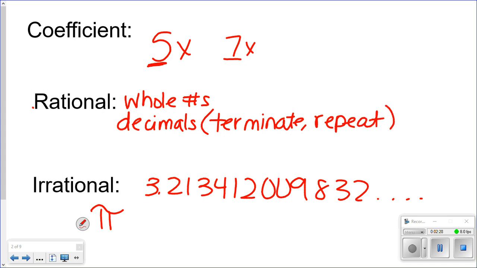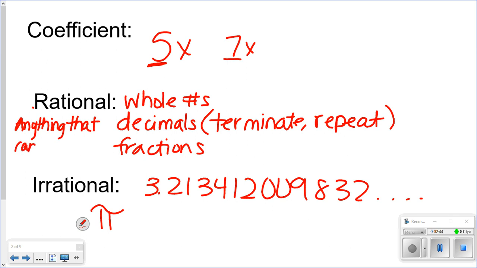And fractions. Really, the definition of a rational number is anything that can be turned into a fraction. Irrational numbers cannot be turned into fractions.